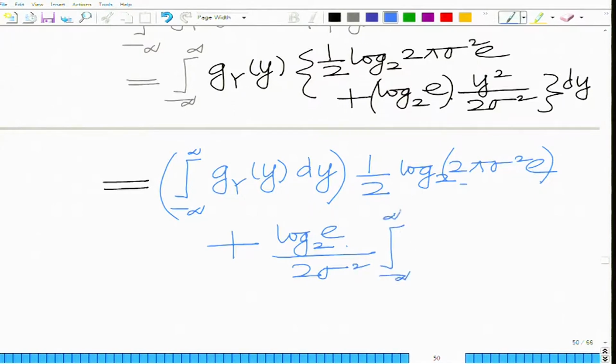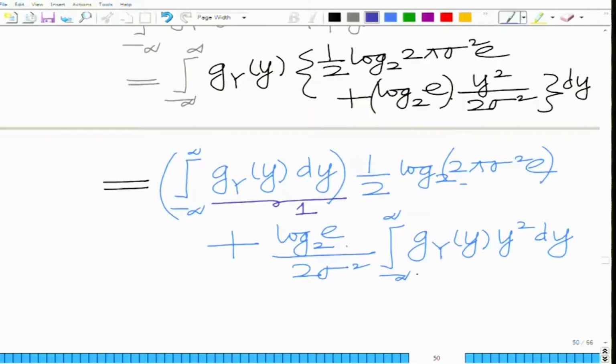This will be the integral from minus infinity to infinity of gy of y times y square dy. Now, if you look at the integral from minus infinity to infinity of gy of y dy, this is nothing but 1. This is the total area under the probability density function by the property of total probability, correct, that has to be 1. The area under the probability density function is 1.